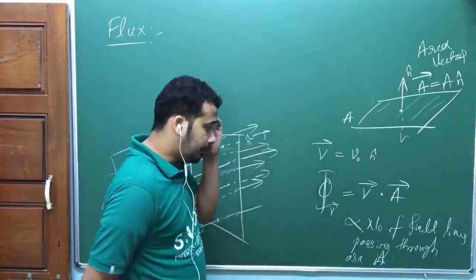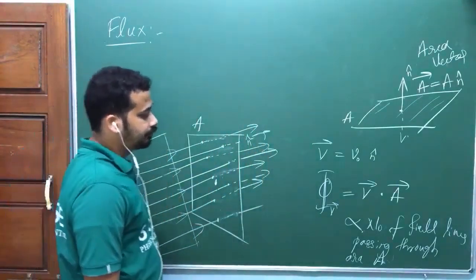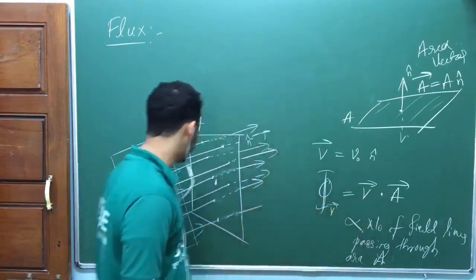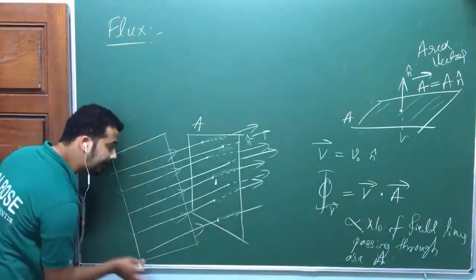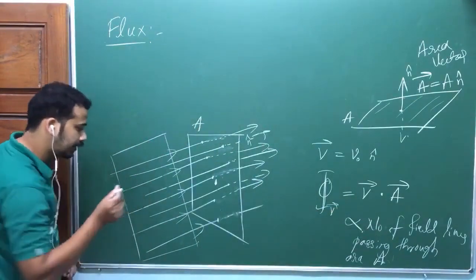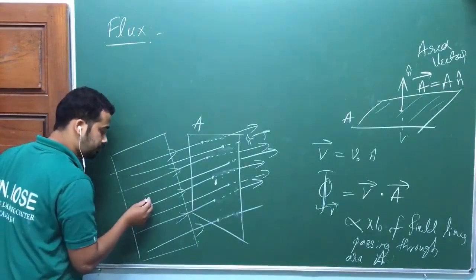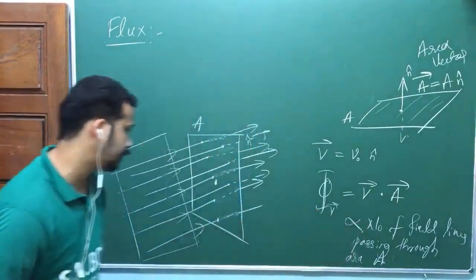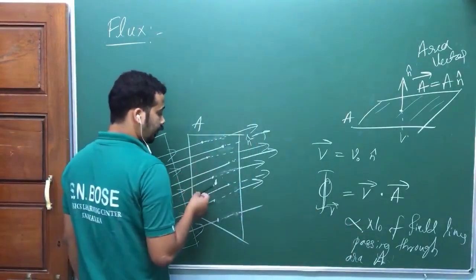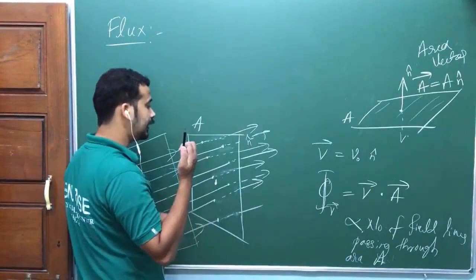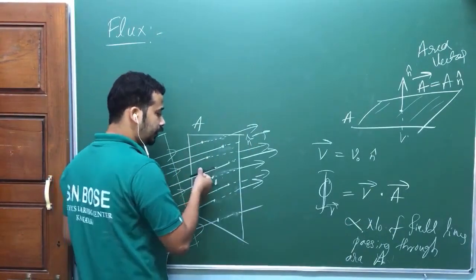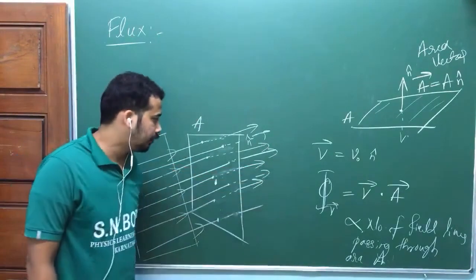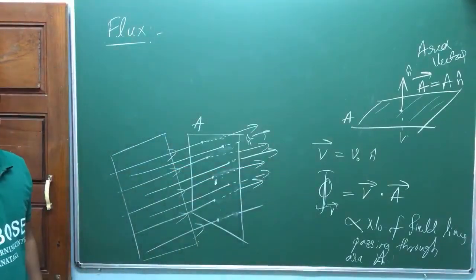Now look here, the number of field lines passing through the area A. When the area vector is perpendicular to the vector field, that means you have the area parallel to the vector field. In that case, the number of field lines passing through is 0. The dot product is 0. When your area is held perpendicular to the vector field, your area vector is parallel to the vector field, and you will have the maximum dot product.